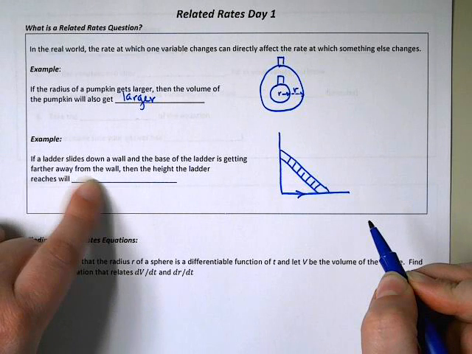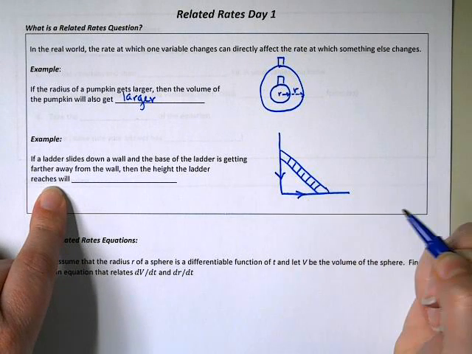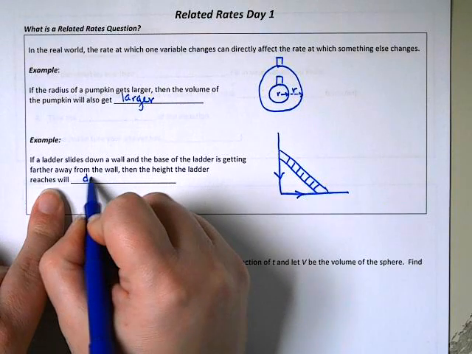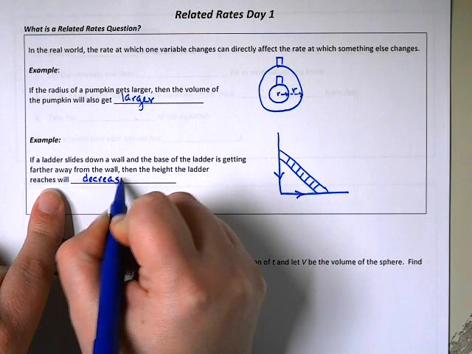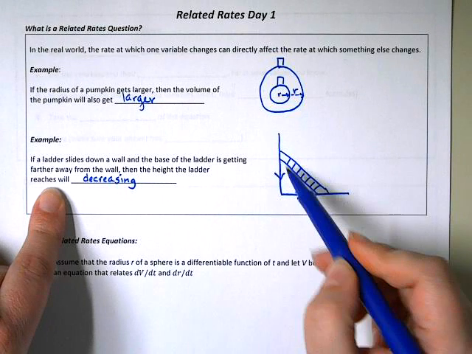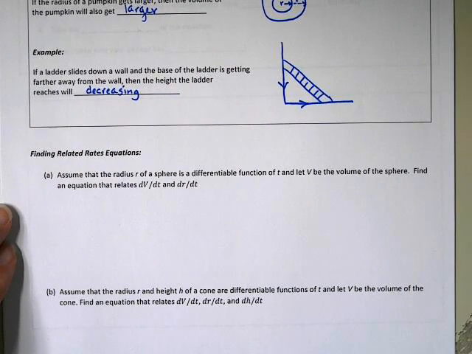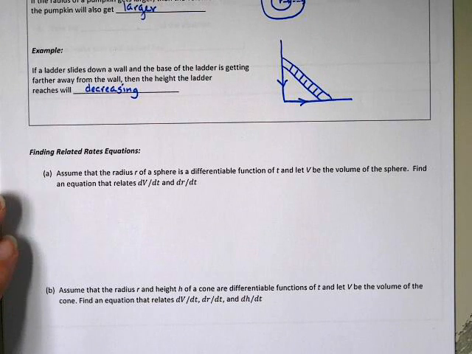Well, then that means that the height of the ladder is also decreasing. If the base of the ladder is sliding to the right, then obviously the top of the ladder must be sliding down as well. So these examples are just going to have us looking at some equations.